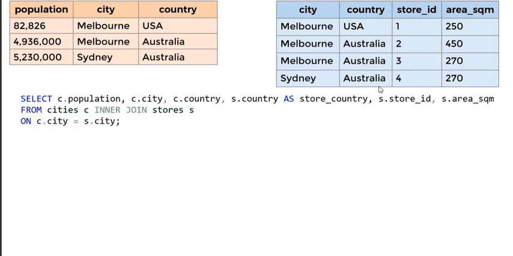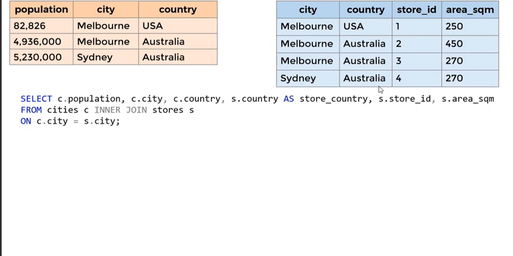Let's see how. In this select statement we are joining cities and stores on only the city attribute. Notice that in the select clause we have included the country column from both tables, with the country column from the stores table being aliased to store country.